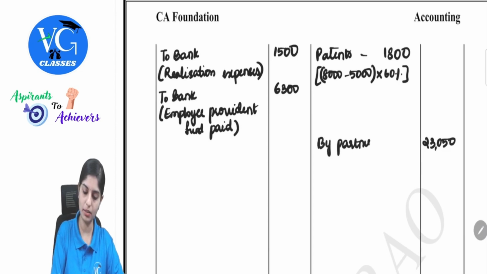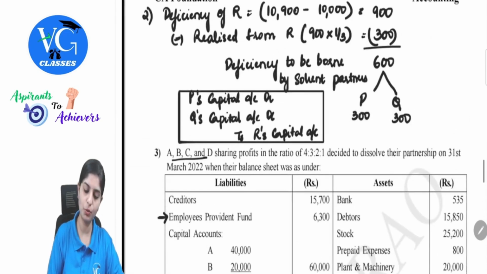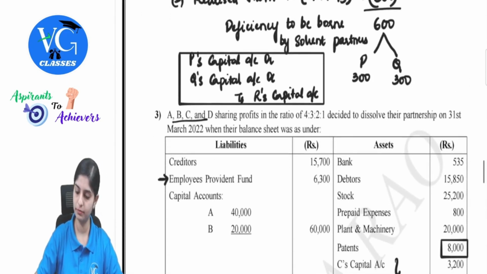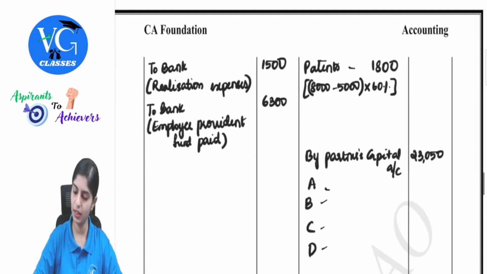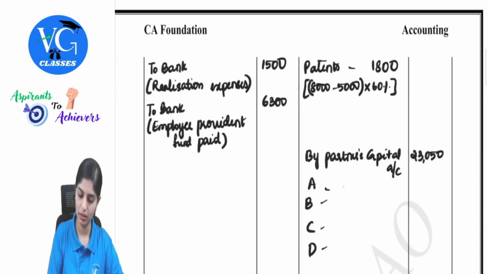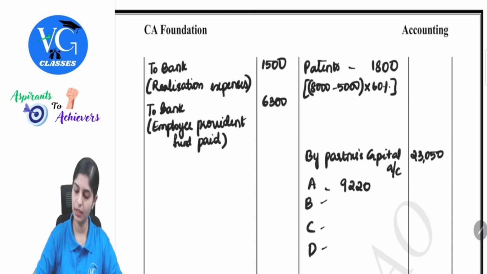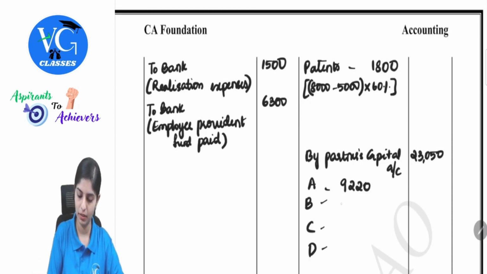There is A, B, C and D. Their profit sharing ratio is 4:3:2:1. So 23,050 into 4 by 10, 9,220. 23,050 into 3 by 10, 6,915. 23,050 into 2 by 10, 4,610. 23,050 into 1 by 10 is 2,305.